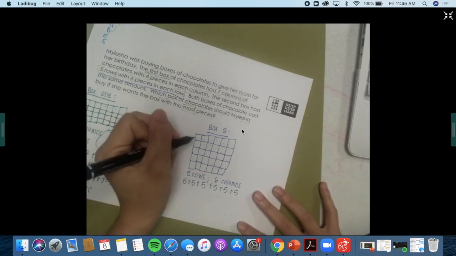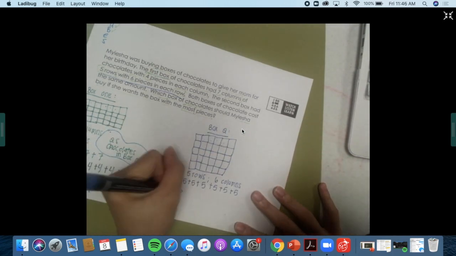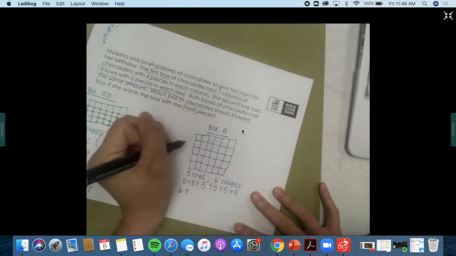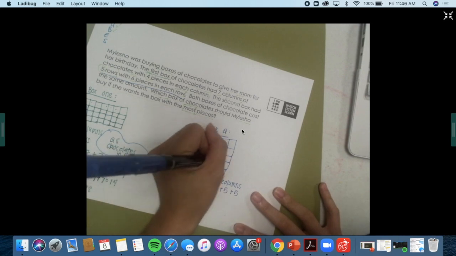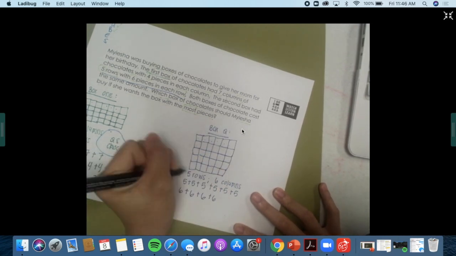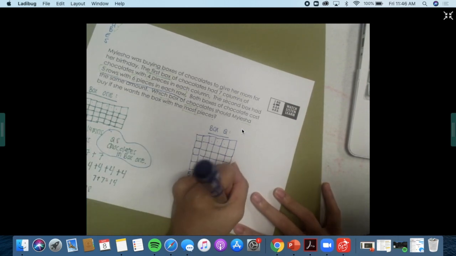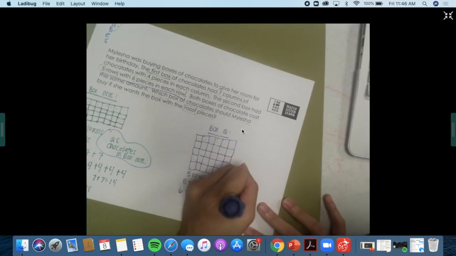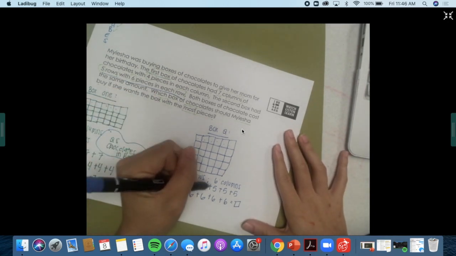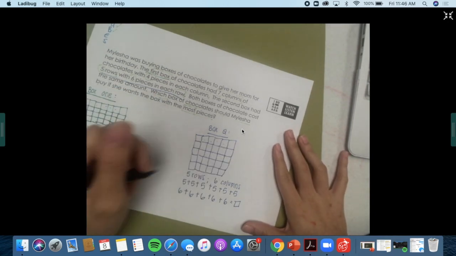Or I could do 6 plus 6 plus another 6 plus another 6 plus my final 6 is equal to our blank, right? And I know how to count by 5, so I'm going to count by 5s to find my answer. Every time I count by 5, I'm going to check off my thing up above. I'm going to use this lighter green to help check off.